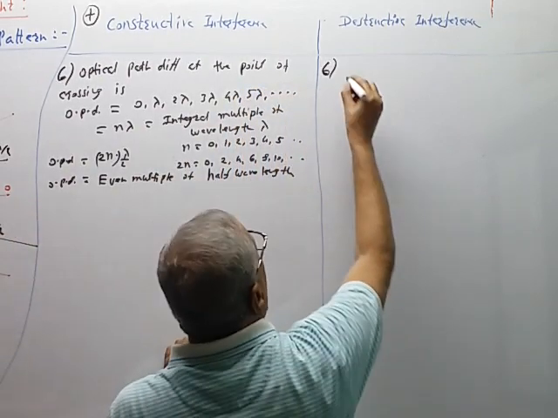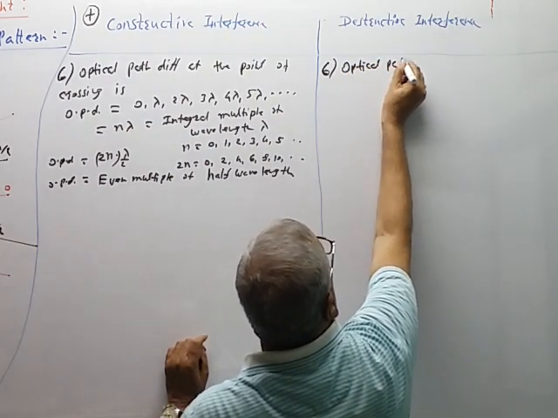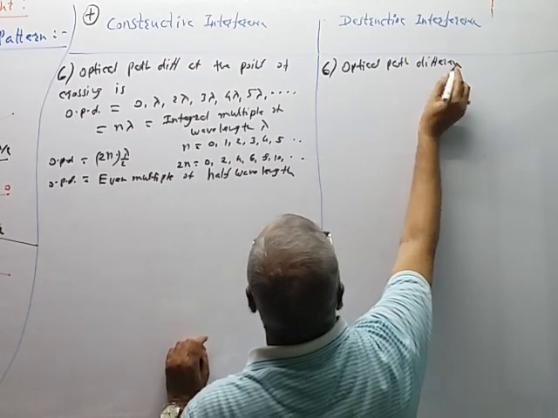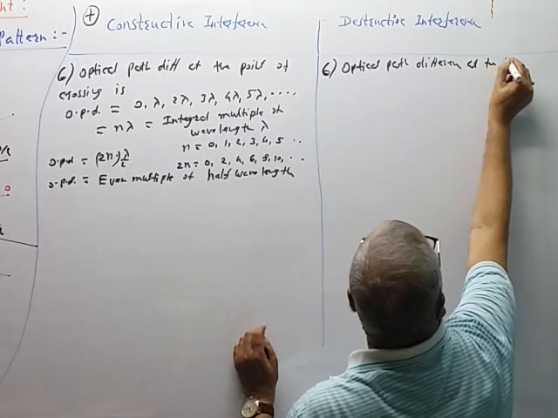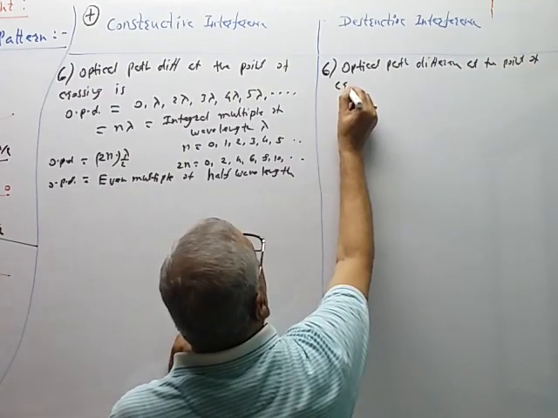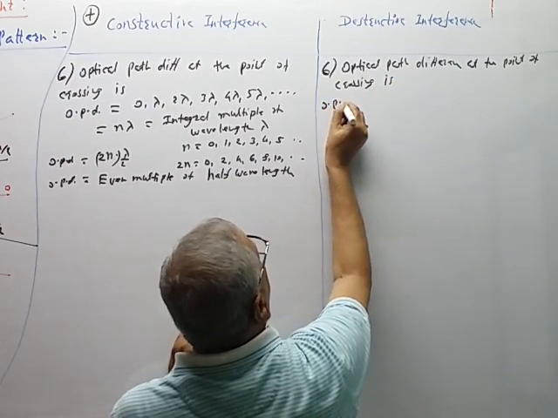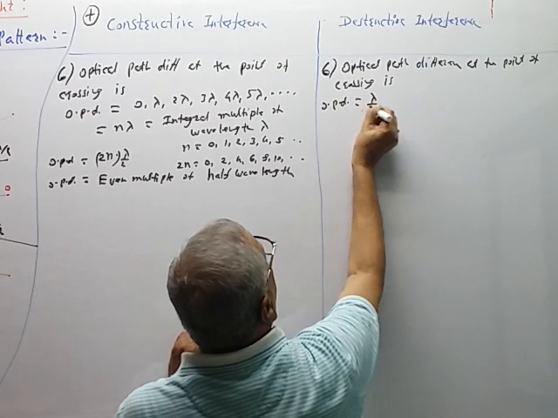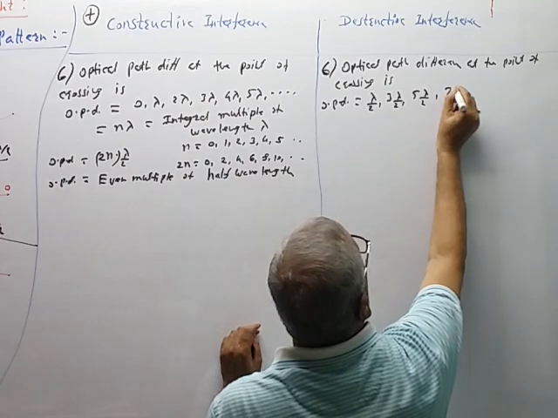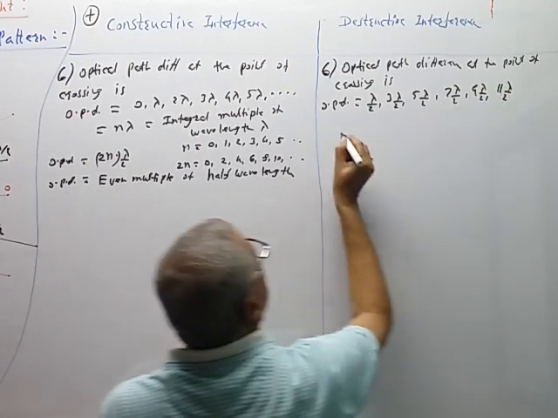Now on this side, optical path difference at the point of crossing is OPD is equal to, the first value is lambda by 2, 3 lambda by 2, 5 lambda by 2, 7 lambda by 2, 9 lambda by 2, 11 lambda by 2.